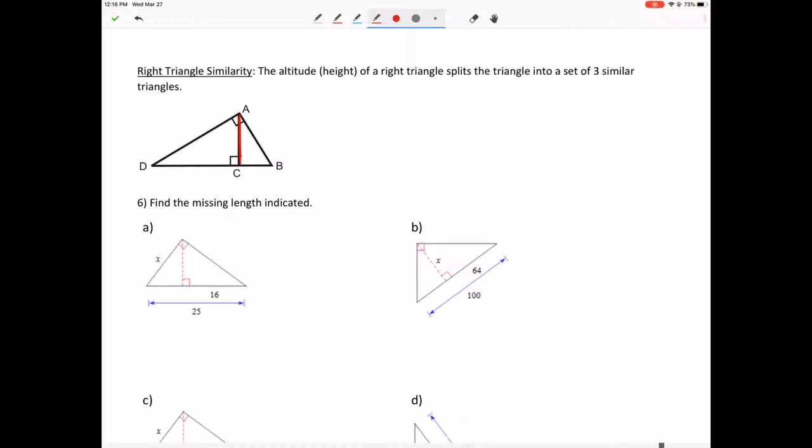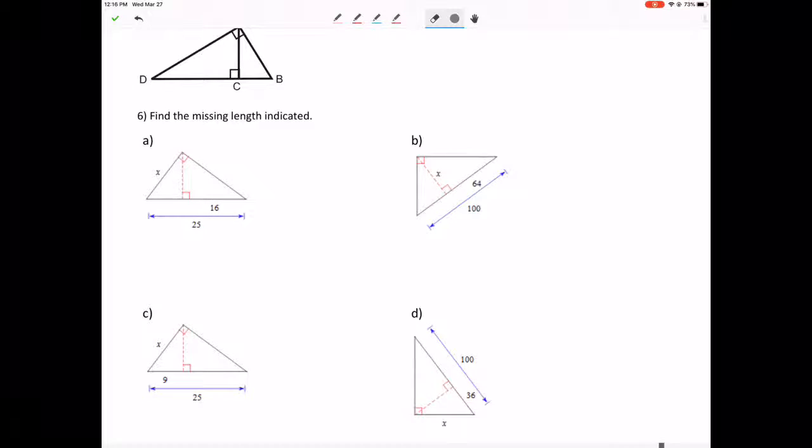How many triangles do you see? So here's one triangle, here is another triangle, and then this whole thing would be another triangle. So we have 3 triangles, all right? And it says that if they're right triangles, then they are all similar, all right? So we will use that very carefully.